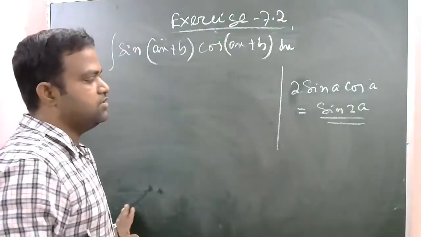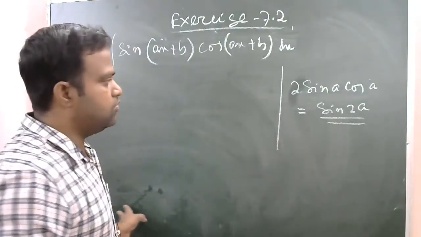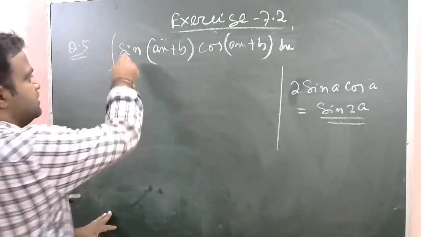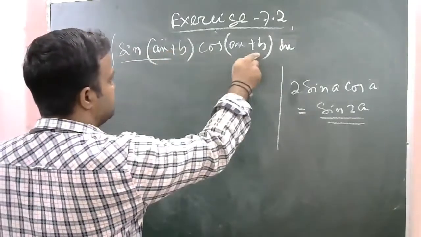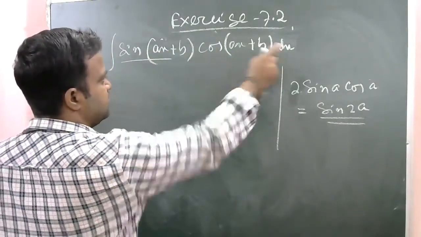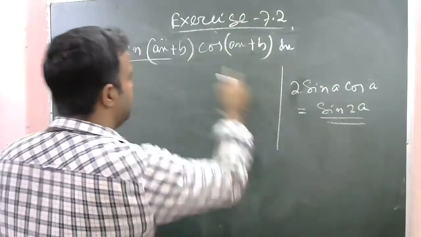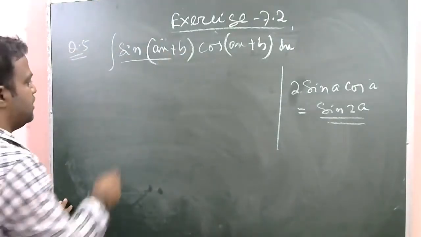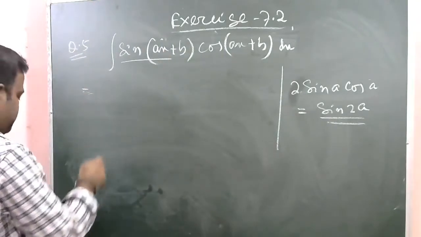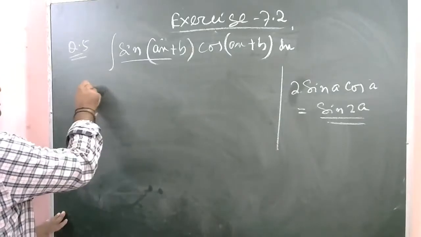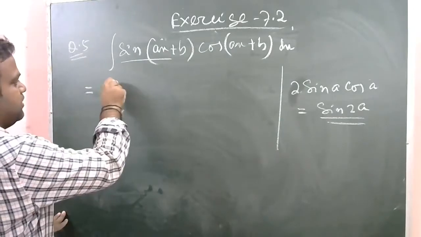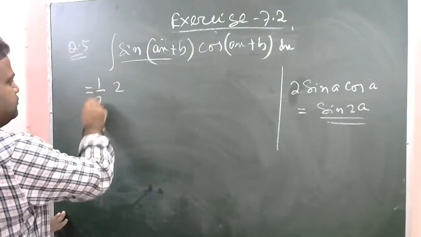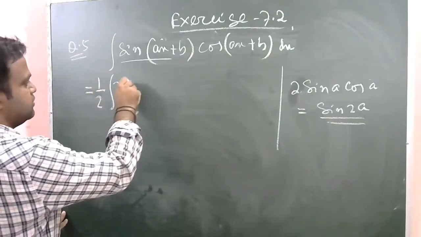Here sin a cos a is there, the same, so I'll convert it into sin 2a. How will I do that? You can easily do that. You multiply by 2 and you divide by 2. Then you can do it.